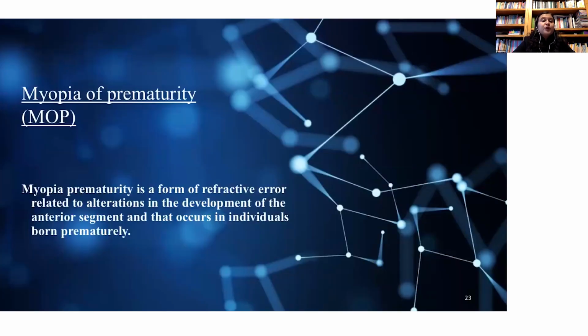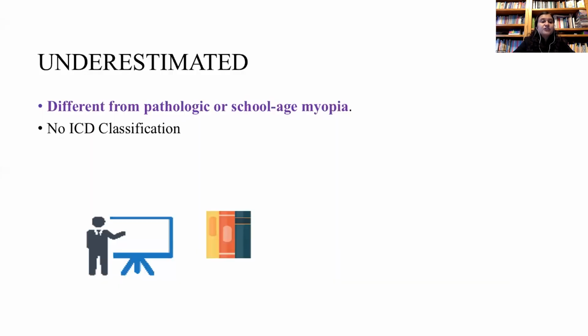So what is myopia of prematurity? It is a form of refractive error related to alterations in the development of the anterior segment that occurs in individuals born prematurely.